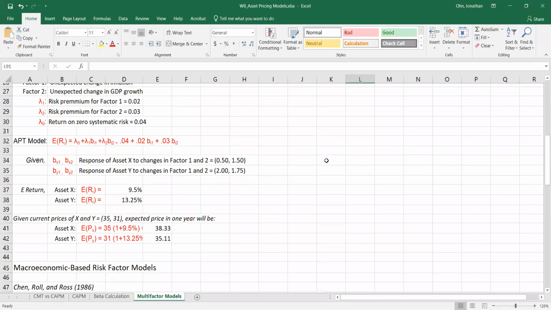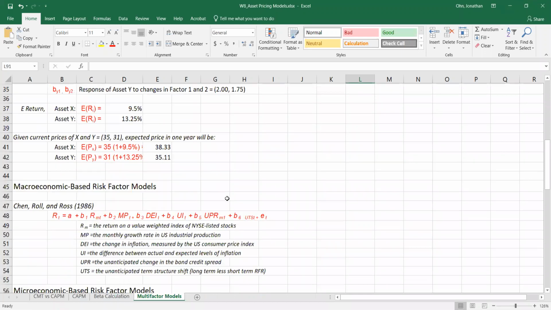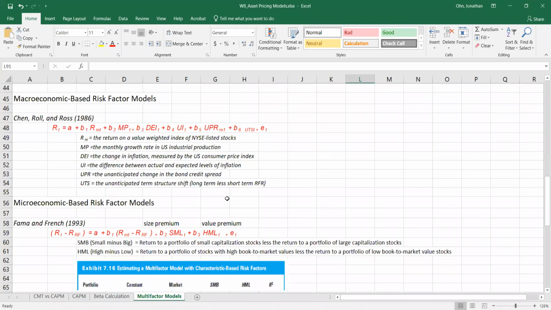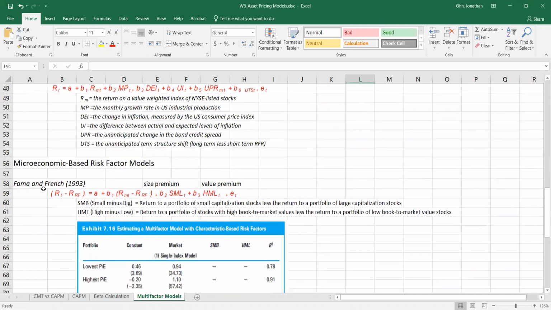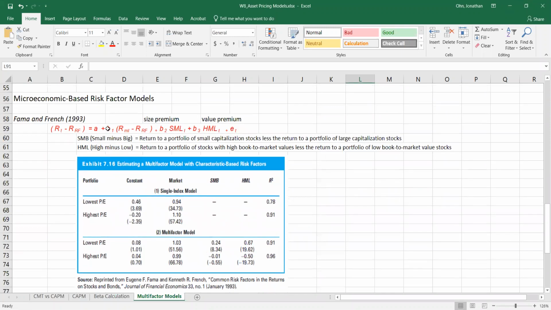So I think you will come across some APT models. Just follow this procedure, and if you see any 3-factor model, just remember B1 is equivalent to the beta that we estimated in CAPM.